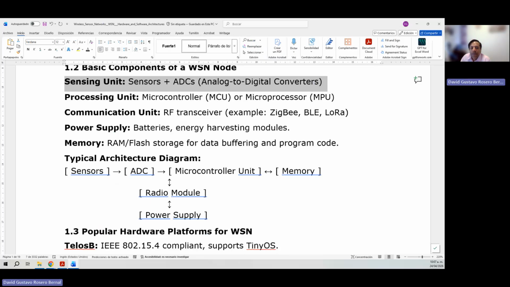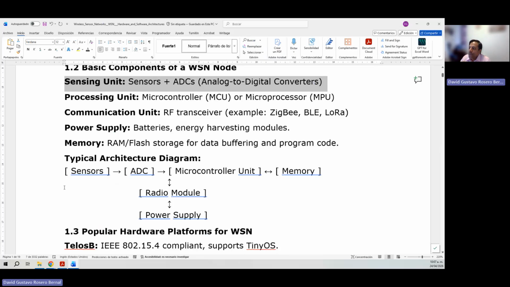We can have as well Bluetooth Low Energy radios or LoRa transceivers. Next, we have the power supply unit, most often a lithium battery, but increasingly supplemented by energy harvesting modules like solar panels or piezoelectric harvesters.